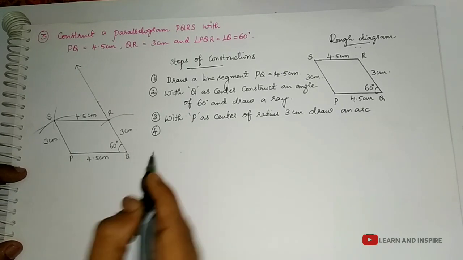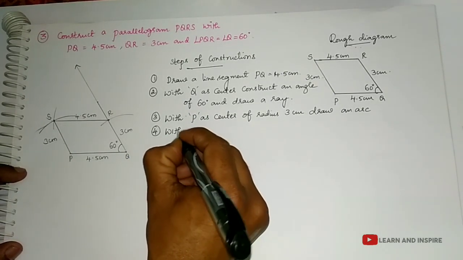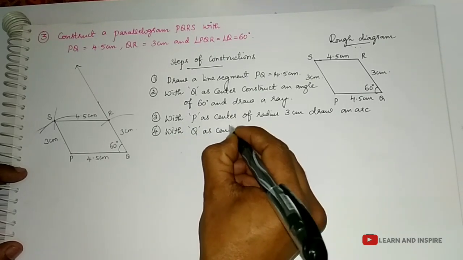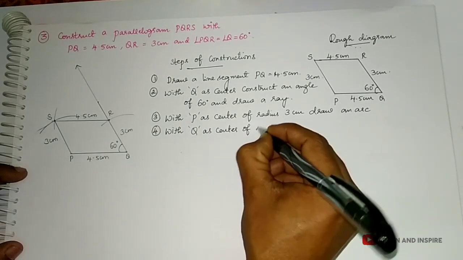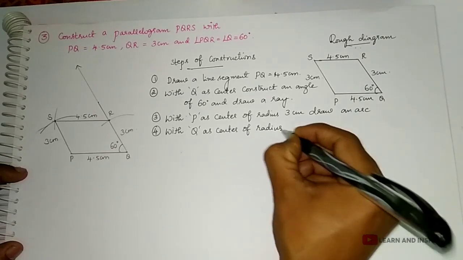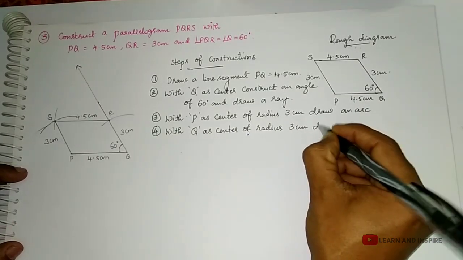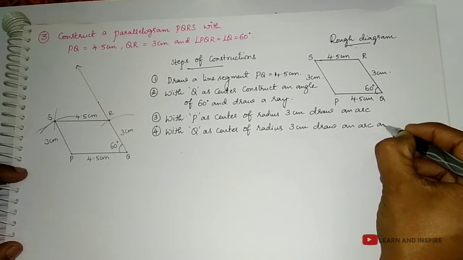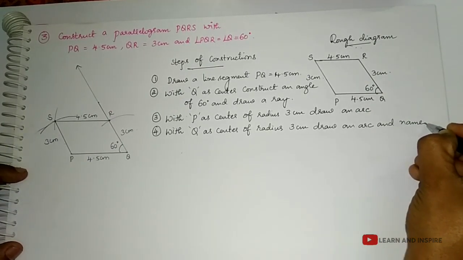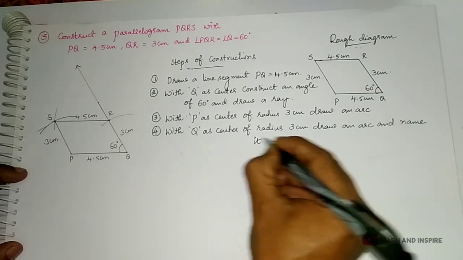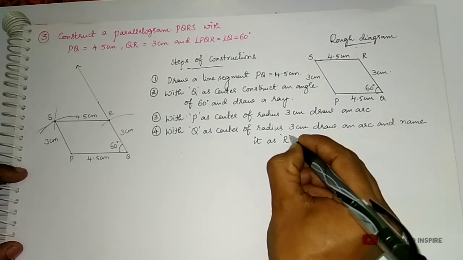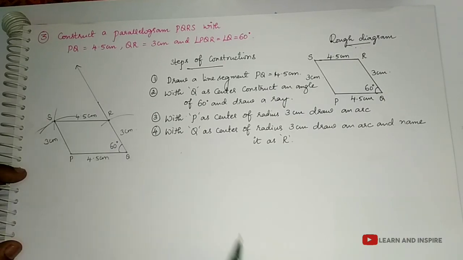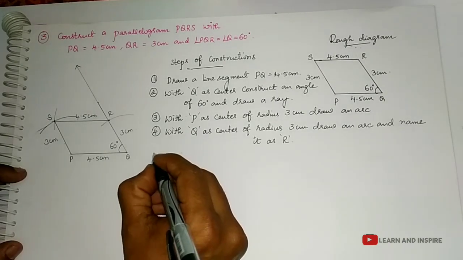We started with Q as center of radius 3 centimeters. Draw an arc and name it as point R. So here we have represented the point R. That is step 4.